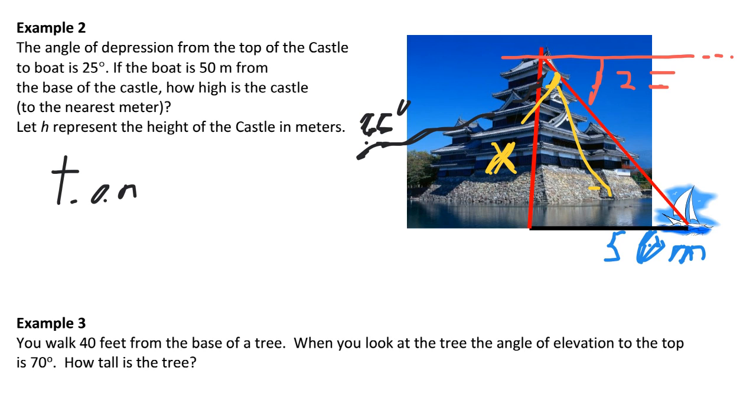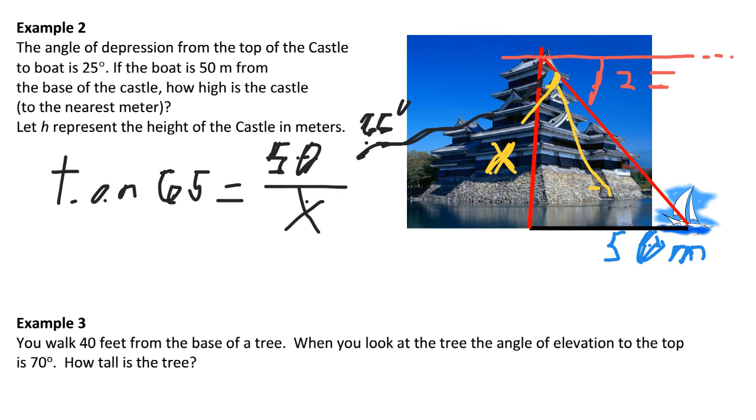So the tangent of 65 equals my opposite, 50, over my adjacent x.